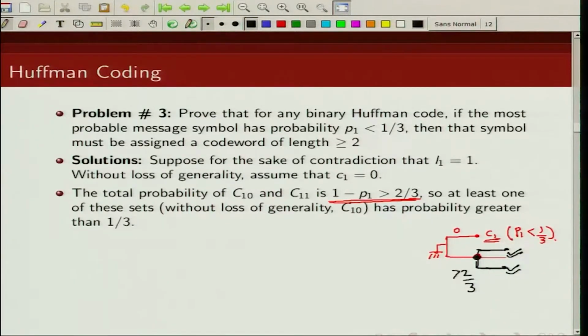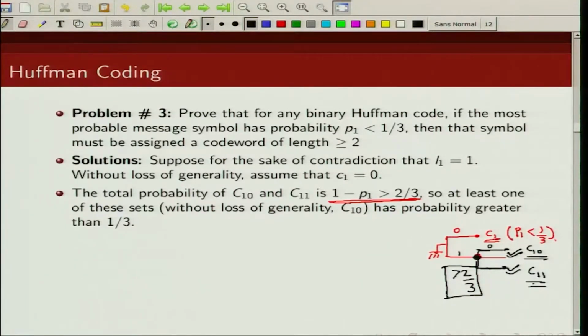I am calling them C10 and C11. So at least one of them, either C10 or C11, has probability greater than 1/3.